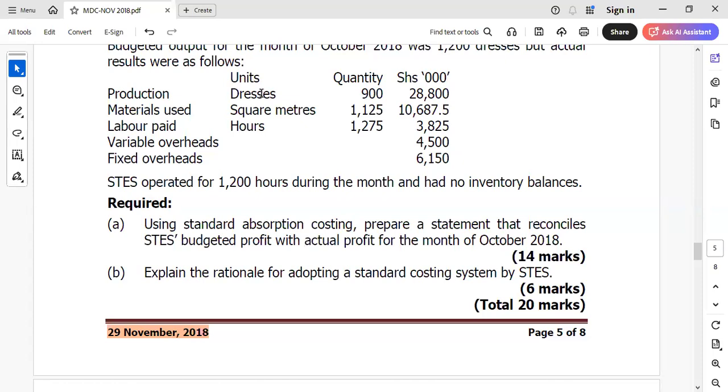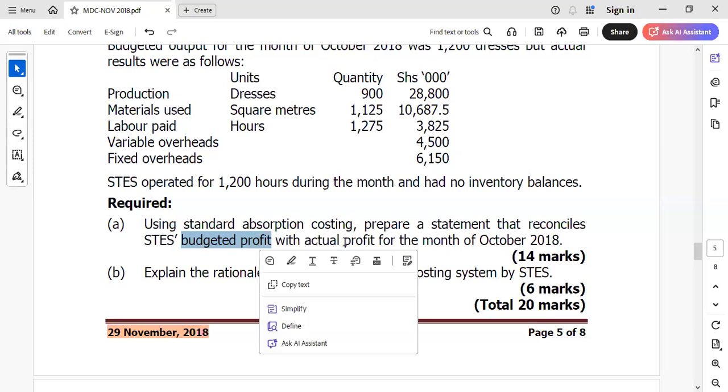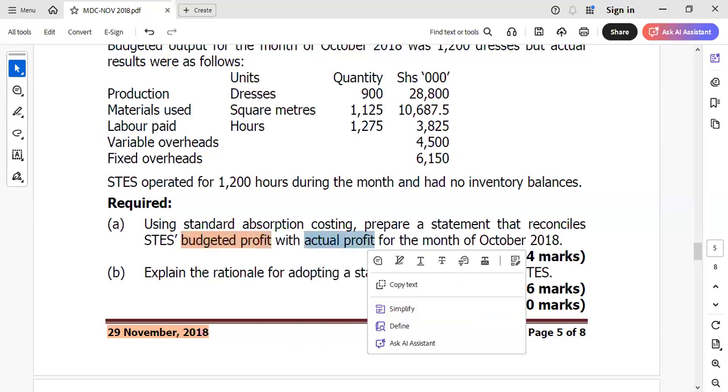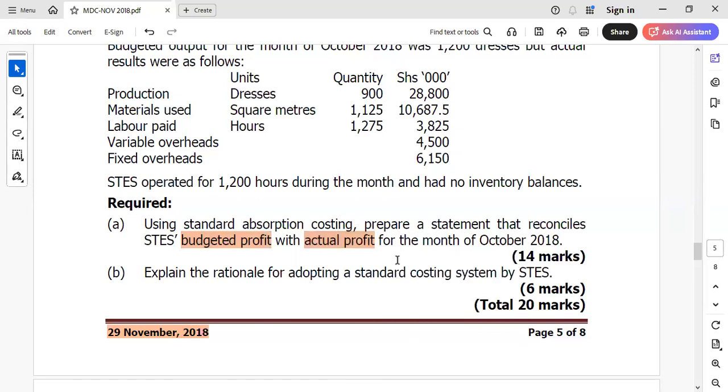You want to reconcile the budgeted profit with the actual profit. So the starting point is to know the actual profit, because your reconciliation statement at the end of it all must be equal to the actual profit.